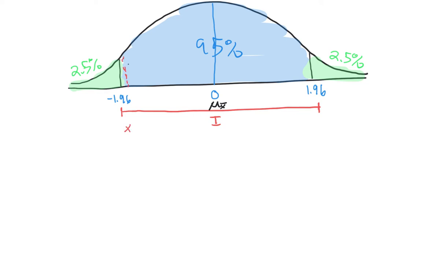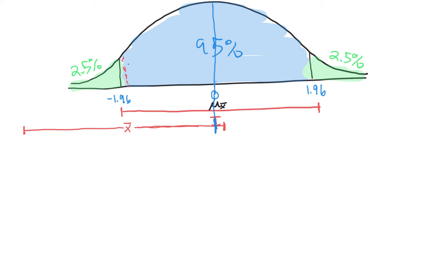Here's my mean, x bar. If I center my interval there, an interval of the same length is still going to cover the true mean. So that true mean is still within my interval.